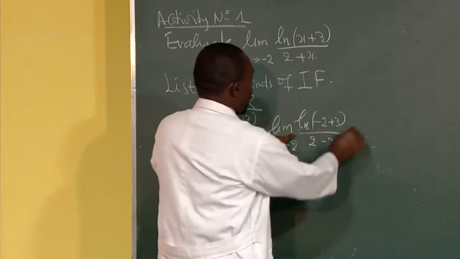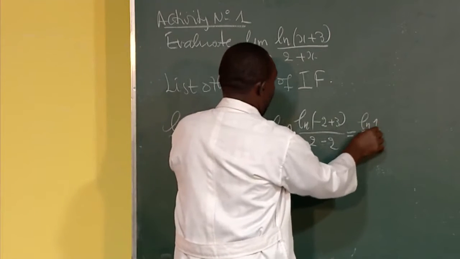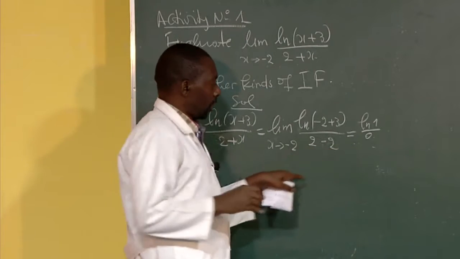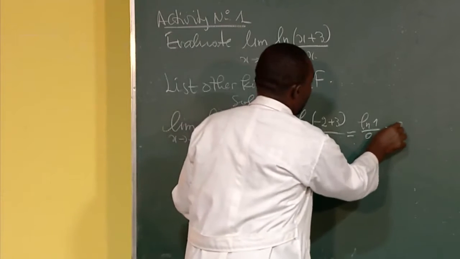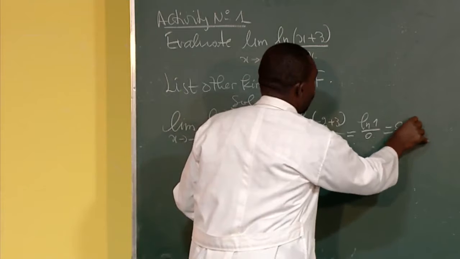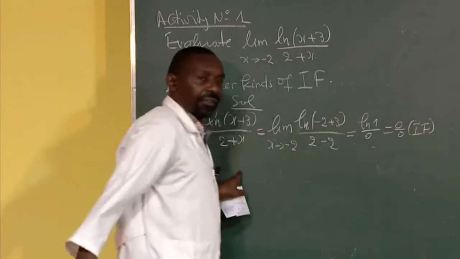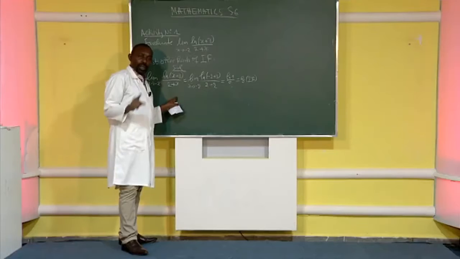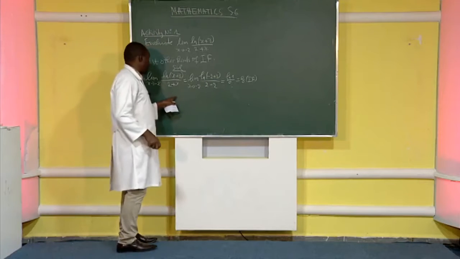And you have ln of 1 divided by 0, and you know that ln of 1 equals 0. So we have 0 divided by 0. This is known as IF, indeterminate form. Are you together? Yes, thank you very much.